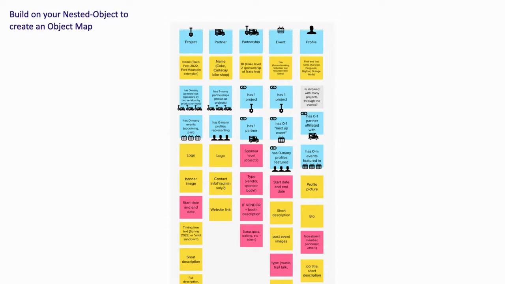All we're doing here is we still have our objects across the top, and we've got instances next. We're just building on what we've already done. We've taken our nested object matrix, cleaned it up, scooted everything up, and we're continuing our columns down, where we list our core content and our metadata under each column for each object. So for a project, I can start seeing the structure of it.